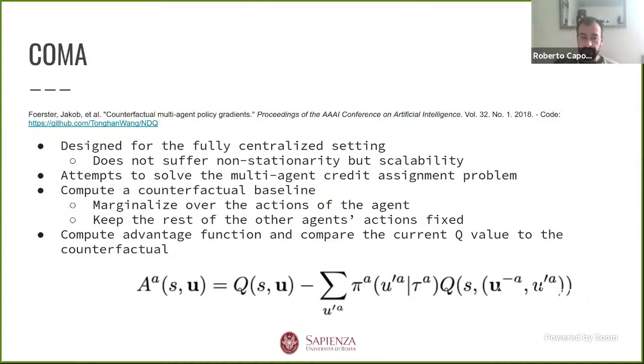In this case, the COMA algorithm attempts to account also for all the other agents. So instead of using the value function as a baseline, it uses a counterfactual baseline, which is computed by marginalizing over all the actions of the agent, and keeping all the other agents' actions fixed.